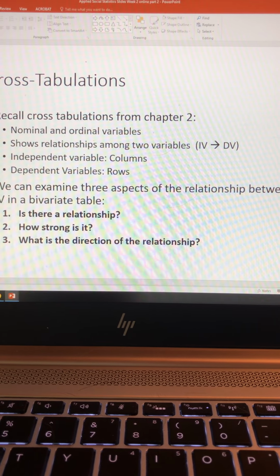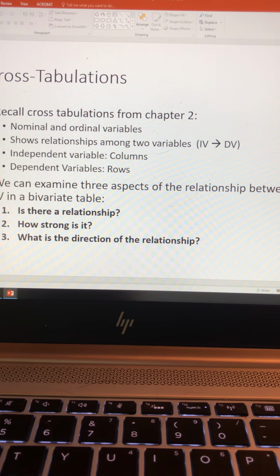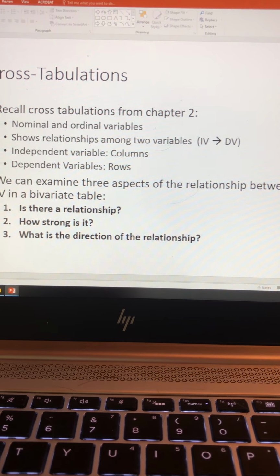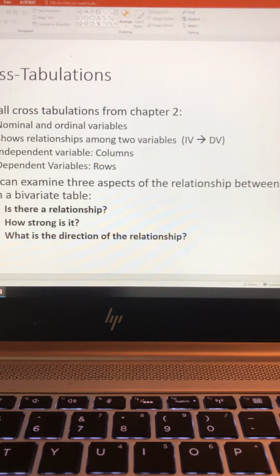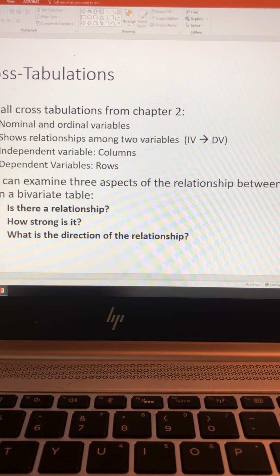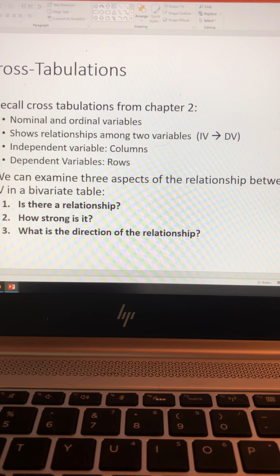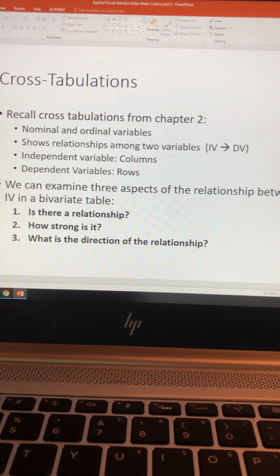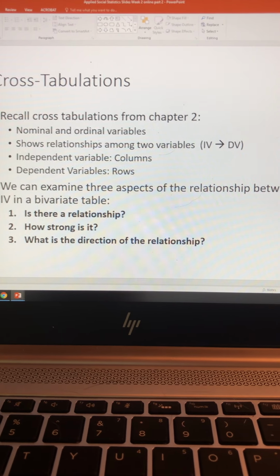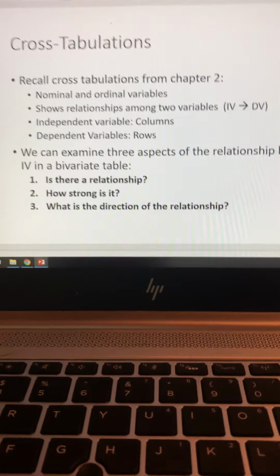That's what your chi-squared test does. Everything I've done up to this point on chi-squared testing tests to see if there's a relationship. We either reject the null and say there is, or we fail to reject the null and say there isn't. So the first thing you want to do is the chi-squared test.